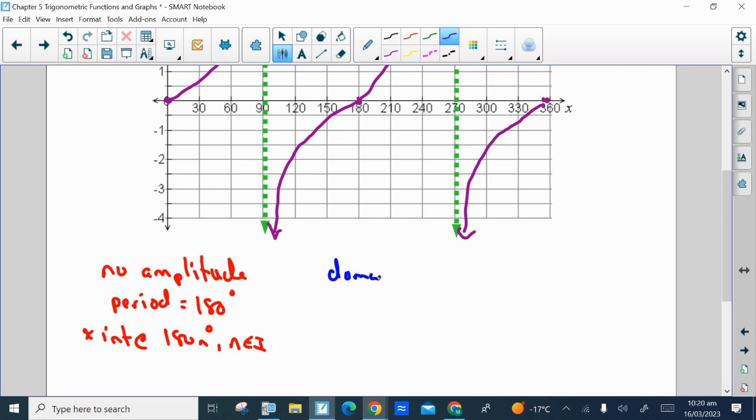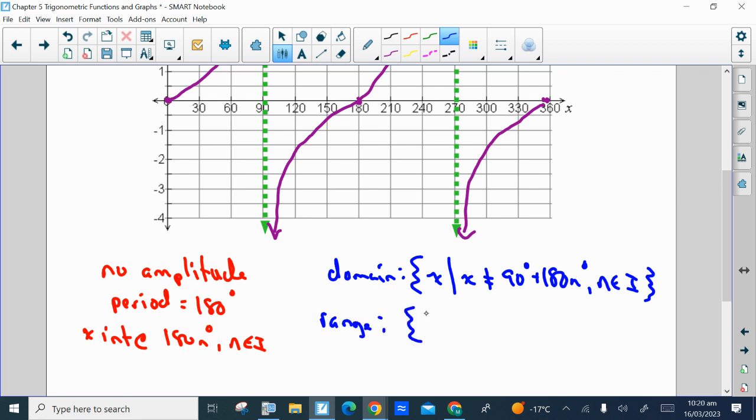Our domain, again, we need to use set notation for this because we have asymptotes starting at 90 degrees, so x cannot equal 90 degrees plus every multiple of the period, every multiple of 180 degrees, where n is an element of integers. Our range, again, will go from negative infinity to positive infinity. The scale on the y-axis doesn't change. So there's our characteristics.